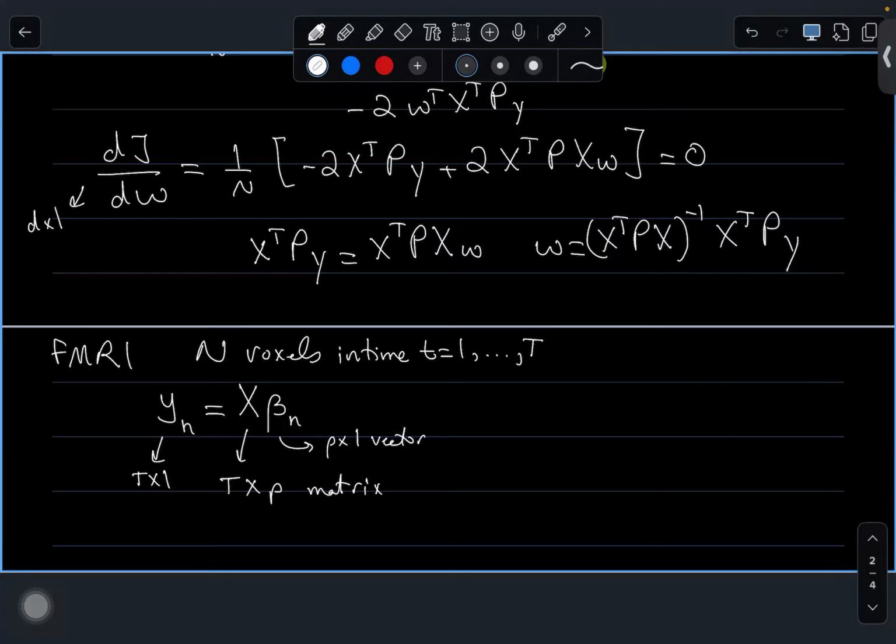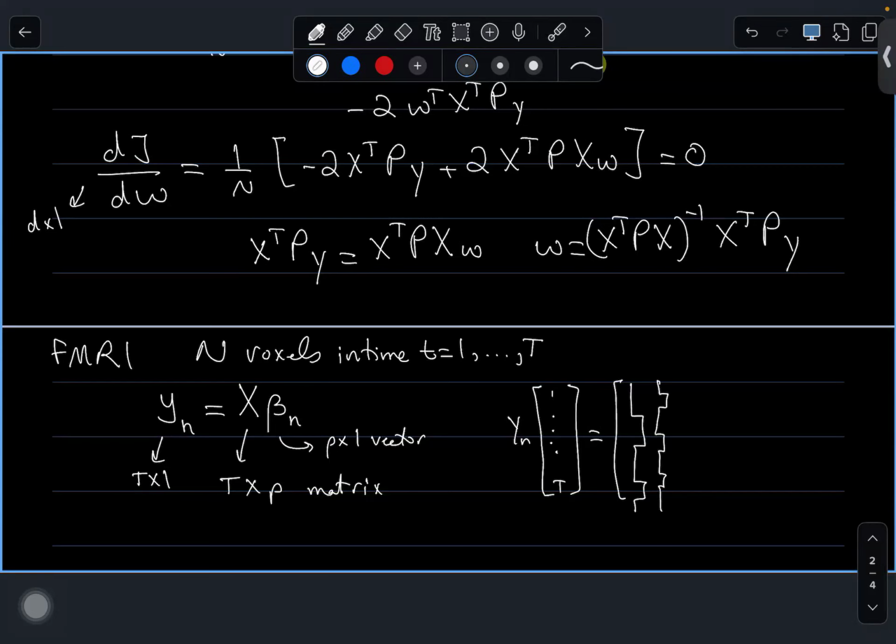So what does this mean? You have this data that you've measured in this voxel, y of n, from time point 1 to time point T. This is what you measure. You're going to set that equal to this design matrix. What is this design matrix? What that means is that they were doing something here, and then they did something else here, and then they went back here and did something else here, and so forth. Maybe this is move their right thumb, and then maybe the pinky was moving here.